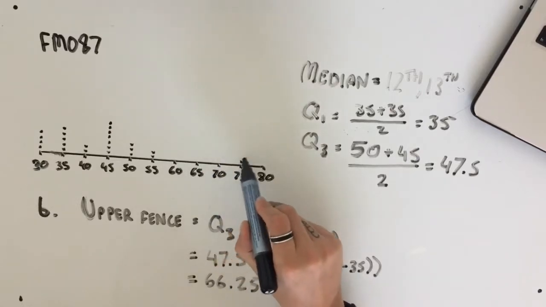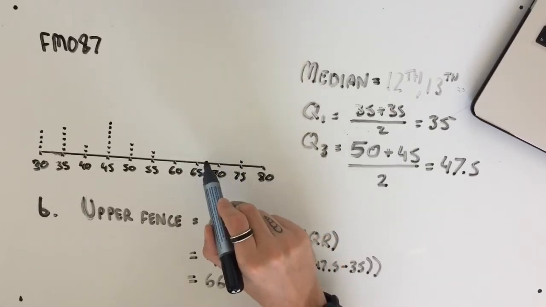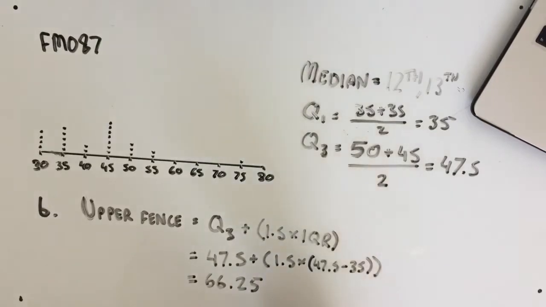Which means that, yes, we can see visually that this 75 push-ups is greater than 66.25, which means that it is an outlier, and we can just write that.